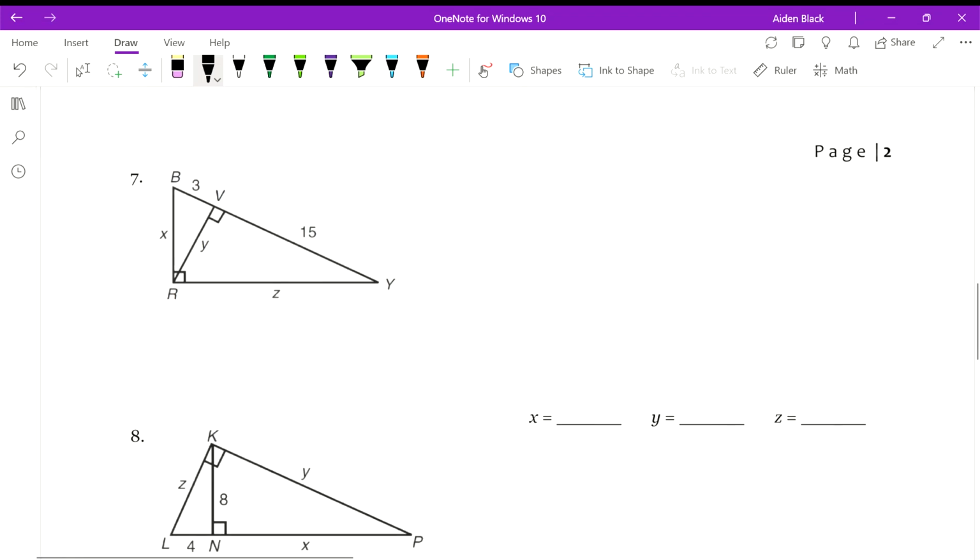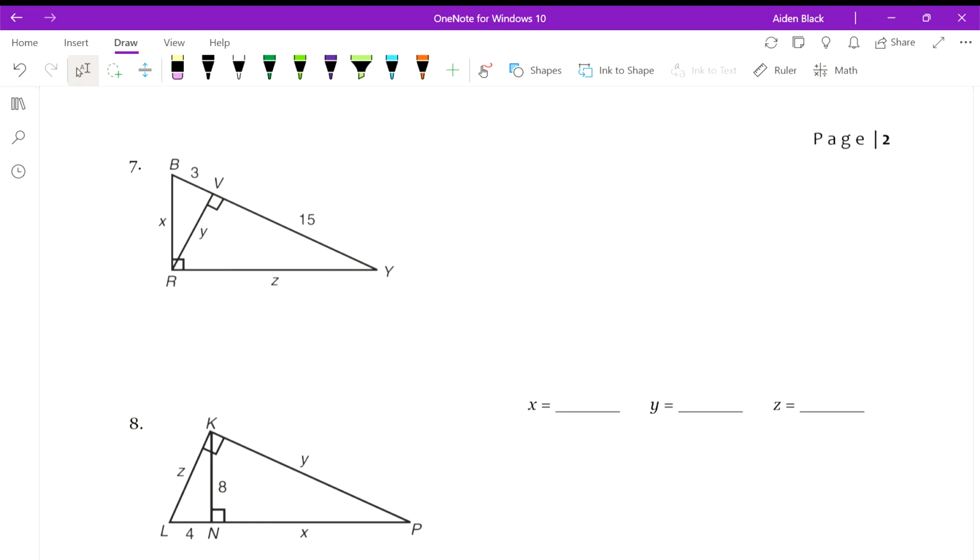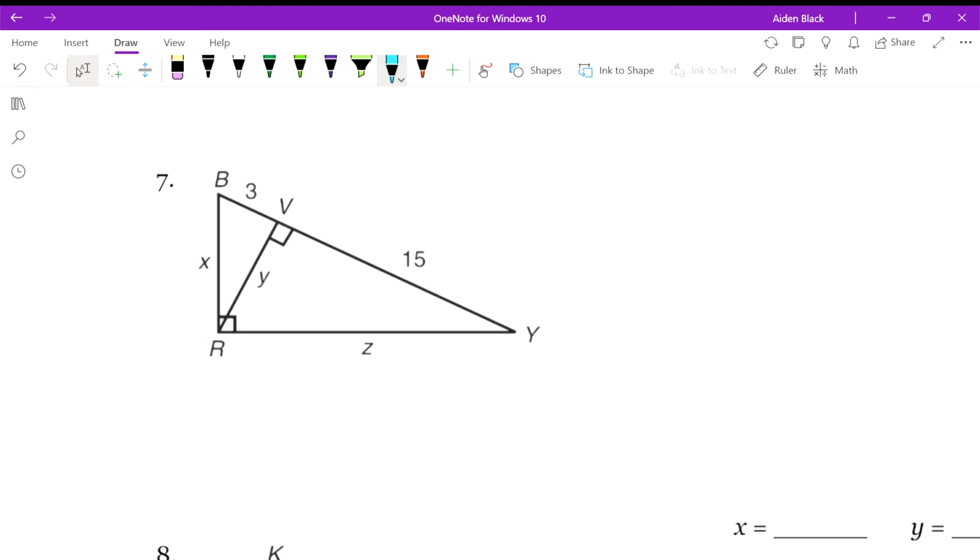Okay, let's look at one of these questions on the next page. I think these get a little bit tougher. Let's see. I see my altitude, and I actually have both parts of the hypotenuse. So we can find y pretty easily.